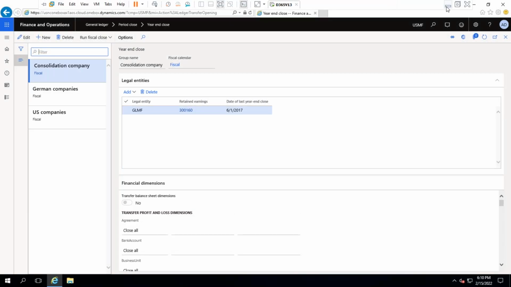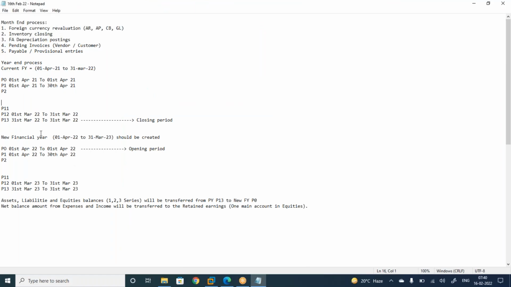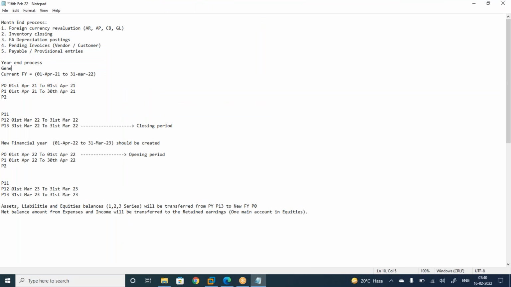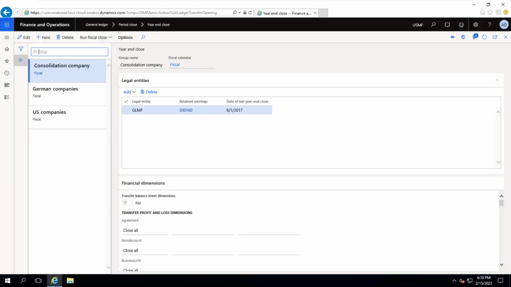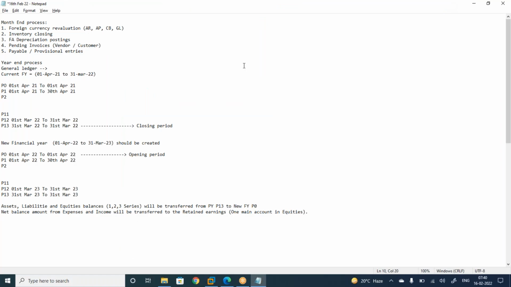Let me write down the process where it is available. This year-end process is in General ledger, Period close, Year-end close.